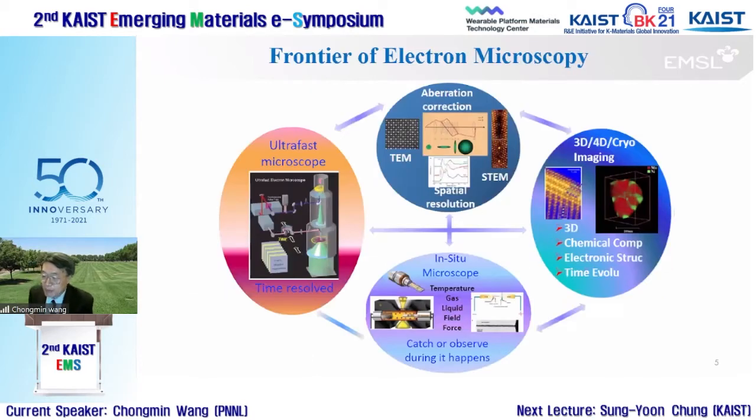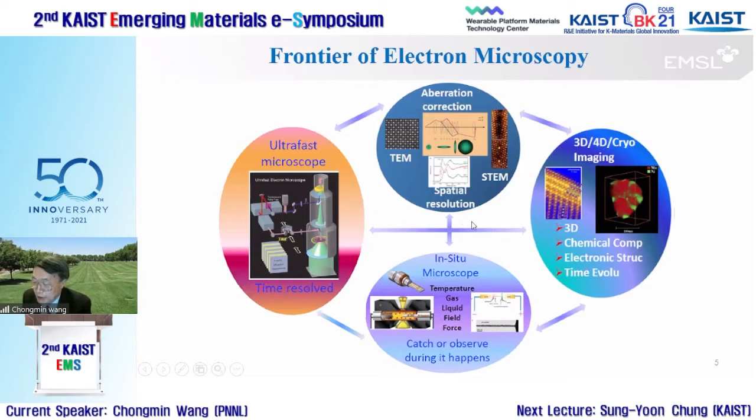Talking about electron microscopy, I regard this as a frontier. Aberration correction is one domain, developed over the last 20 years, which enhances the spatial and energy resolution of the microscope. Another domain is what we can do with this technique nowadays: 3D, 4D, cryogenic imaging, chemistry and structure.